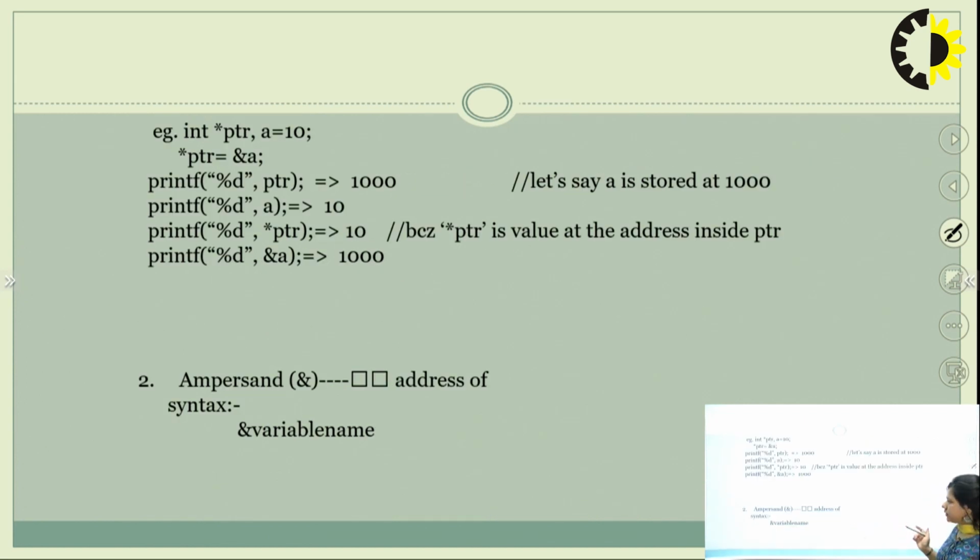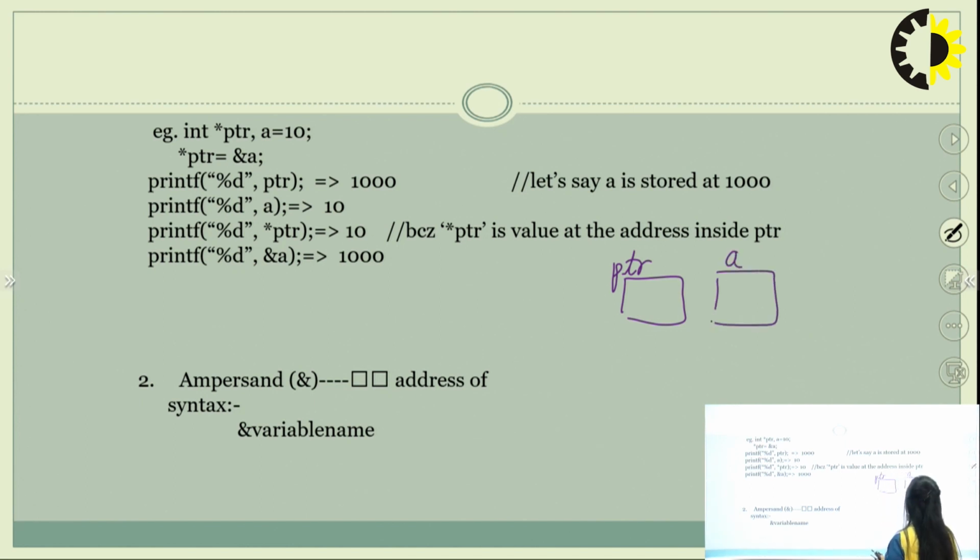So let us take a look at a very small example of pointer working. In this example, let's say I have taken one pointer variable ptr. There is another integer variable a.